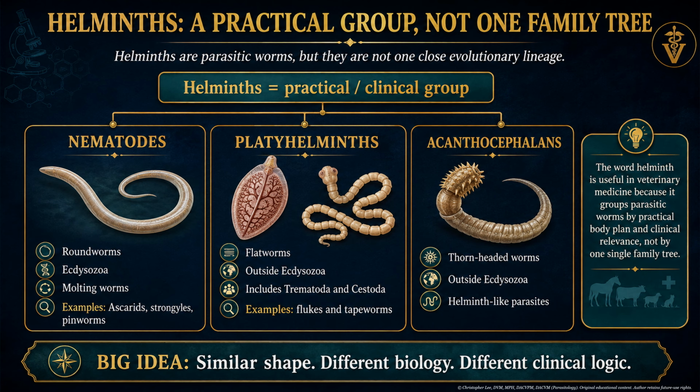Acanthocephalans are thorny-headed worms. They are helminth-like parasites with their own distinct biology. So when you hear helminth, think practical clinical category, not one close evolutionary lineage. Similar shape, different biology, different clinical logic.